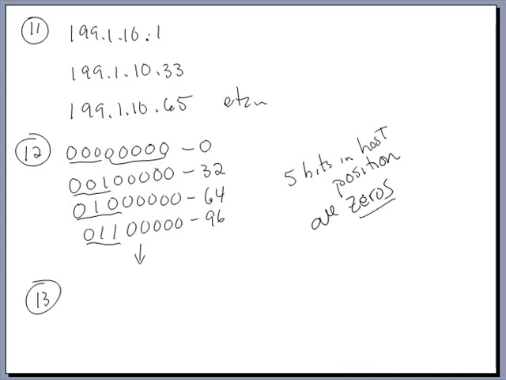Okay, question 13. Write the last octet of the broadcast address in binary. What does the host portion of these addresses look like? All right, so the last broadcast address for the first one was 31. So then I have to write that in terms of binary.